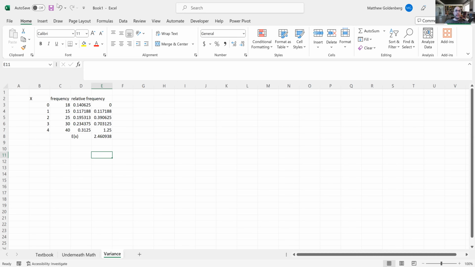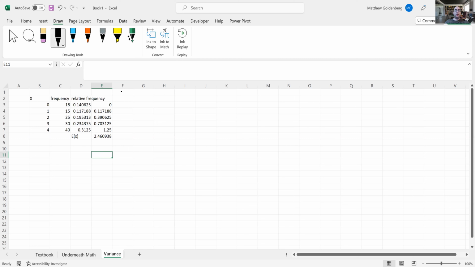Now I'm going to do the exact same definition that I showed you in that video, which is variance is the sum of each individual value and its distance from the mean squared, and then we're taking the average of it.